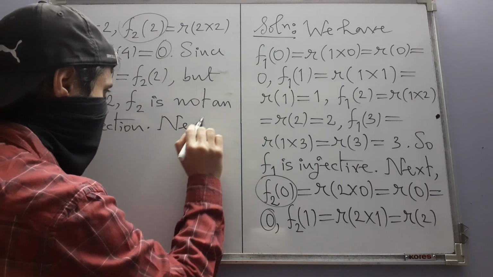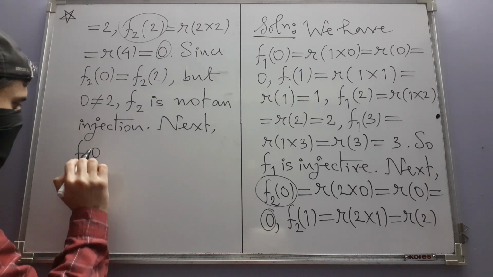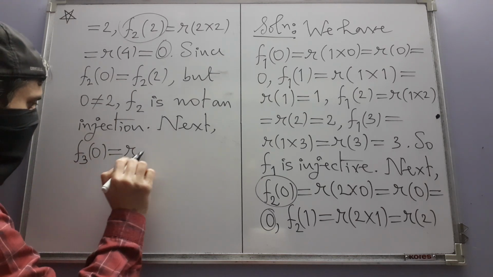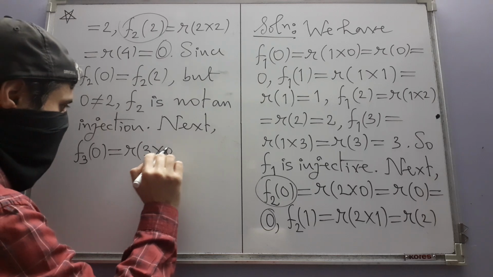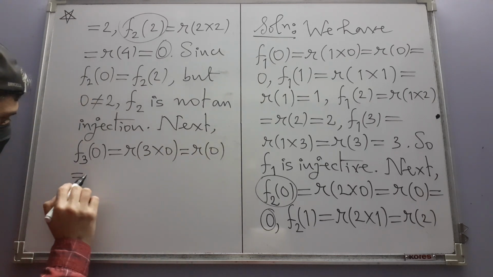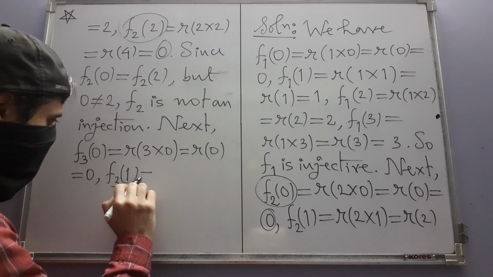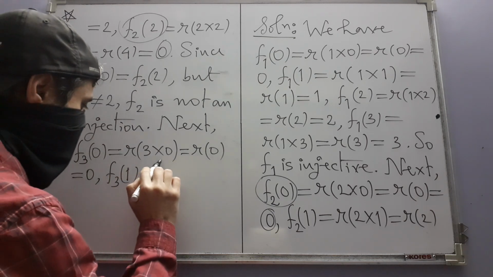Next, F3 of 0 is just 0. F3 of 1, F3 will be injective.